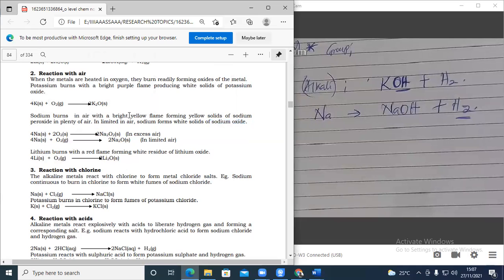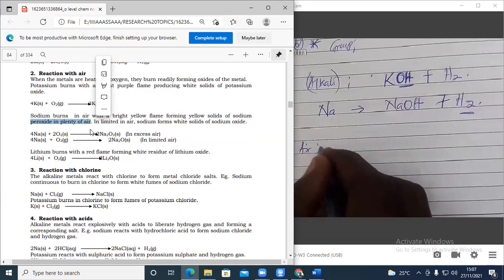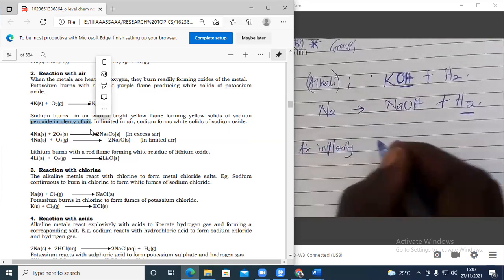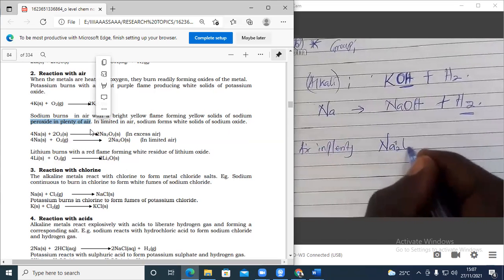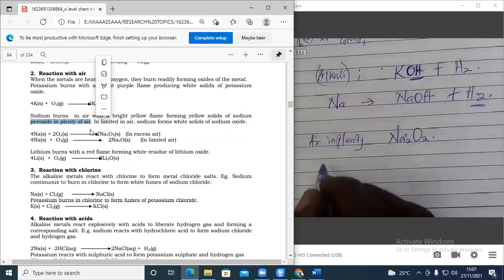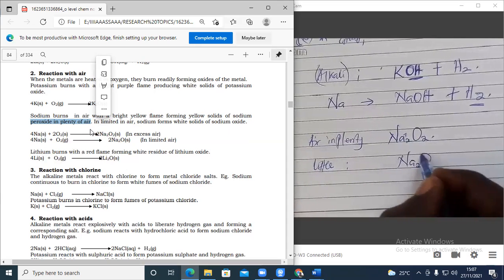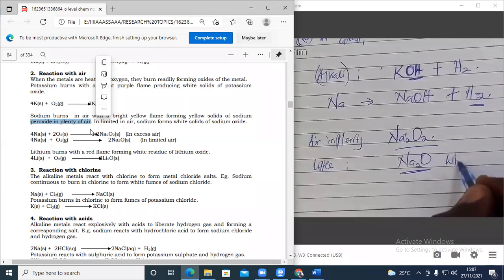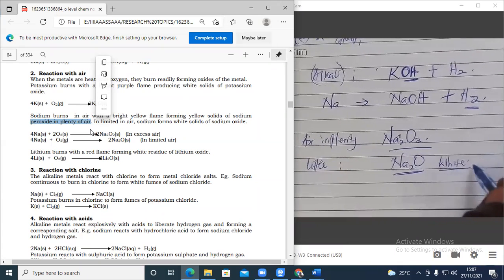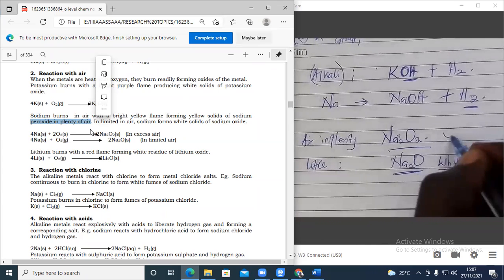A bright yellow flame is followed by the formation of yellow solids of sodium peroxide if the air is plenty. What is the condition? The air must be in plenty, then we shall form sodium peroxide. If air is little, we shall form an oxide, sodium oxide. This one is a white solid. This one is a yellow solid.